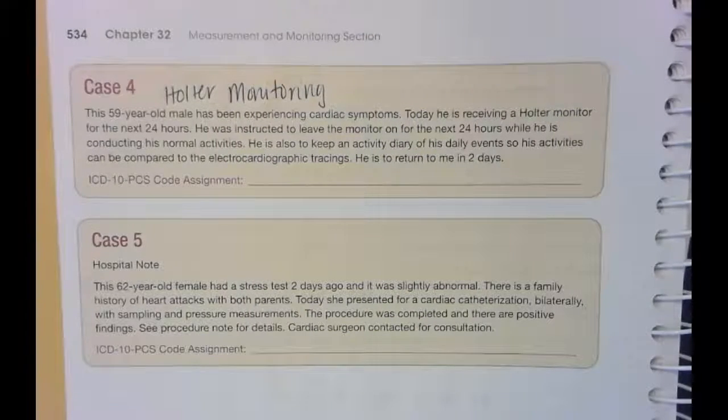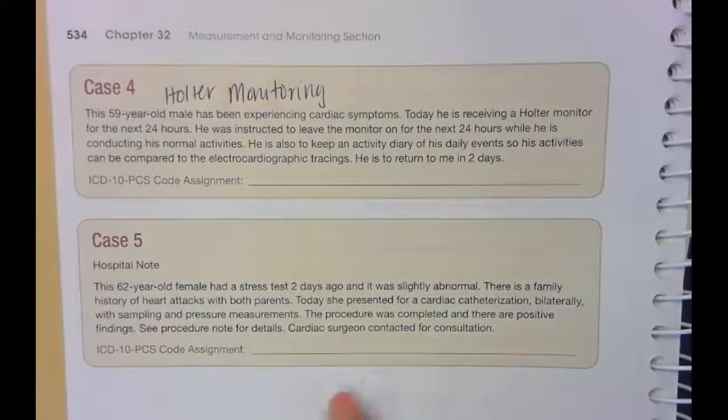And for the last case, case 5 is a hospital note, so it's inpatient, 62-year-old female, stress test 2 days ago, slightly abnormal, family history of heart attacks with both parents. She has presented for a cardiac cath bilaterally with sampling and pressure measurements. Procedure was completed. There are positive findings. Procedure note for details.